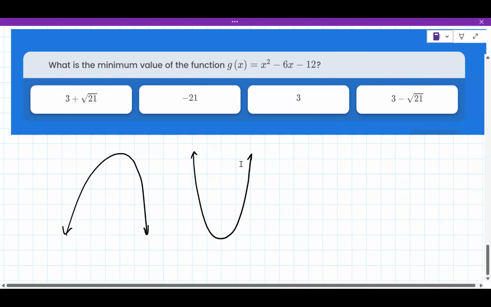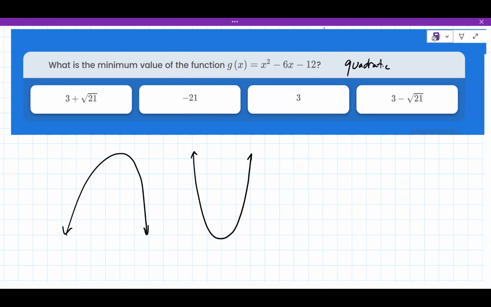Okay. Now, this is a graph of a quadratic. Do you remember the name of the min and the max? What's another name for that? So the vertex is the min or the max.